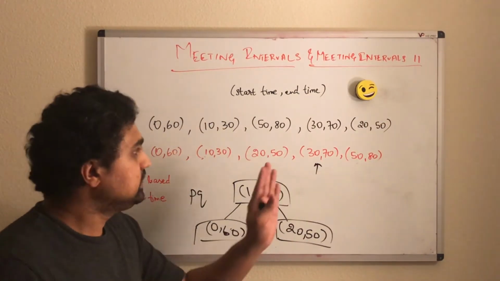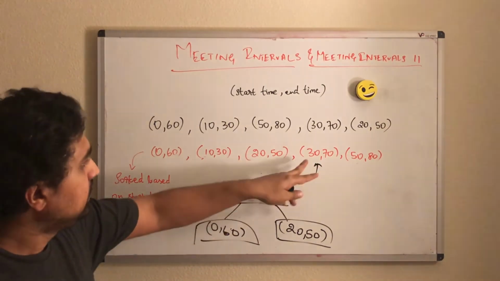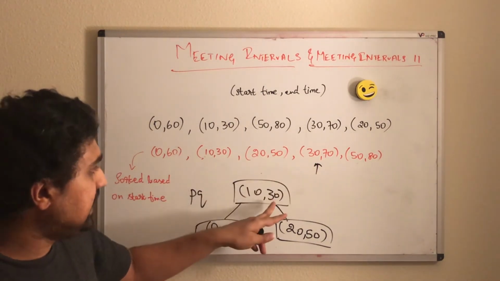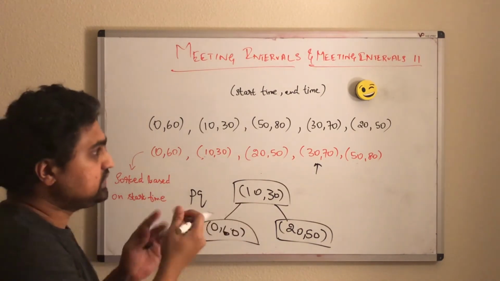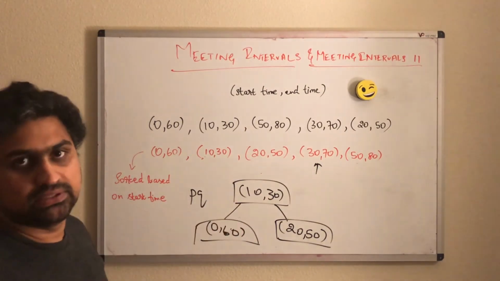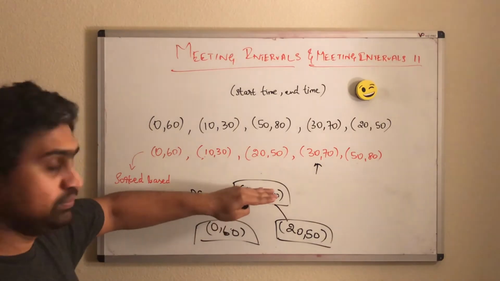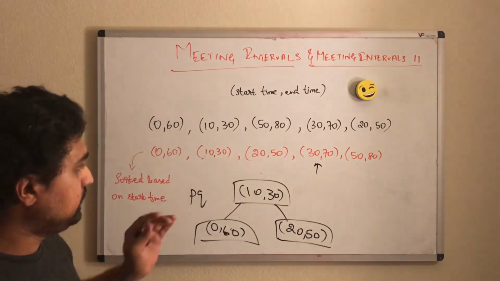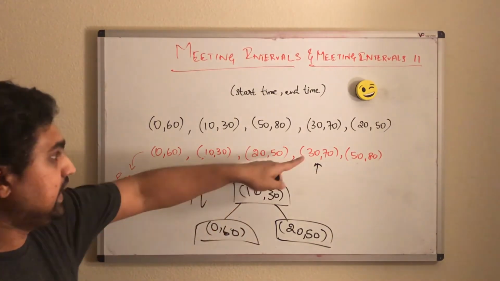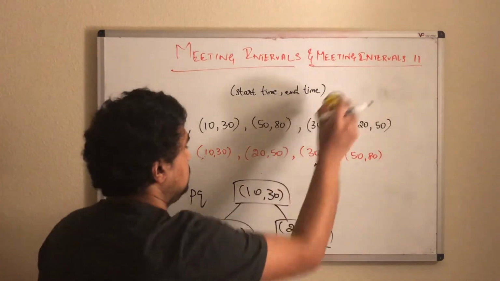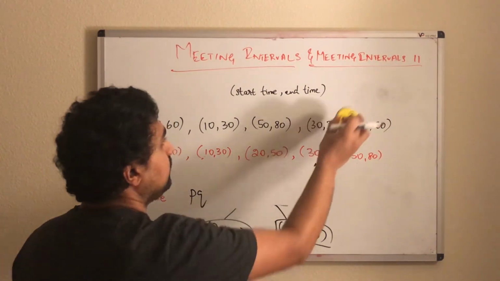Now let's move to the next meeting. So here the start time of this meeting is the same as the end time of the meeting in the root of the priority queue. That means we can use the same room that we used for 10, 30. So let's remove this meeting from the priority queue, rebalance the priority queue and add this new meeting. So let's remove this.